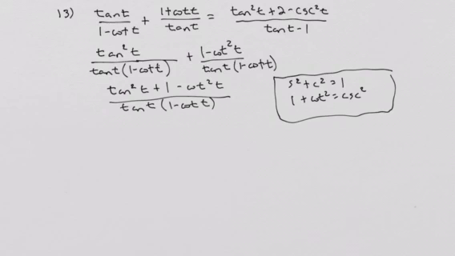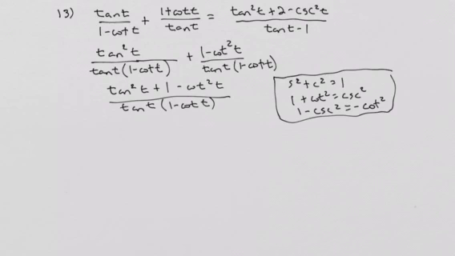Now, I think what I'm going to do is solve for cotangent squared. In fact, I'm really going to solve for negative cotangent squared. And if I do that, I'm going to get 1 minus cosecant squared equals negative cotangent squared. You can see what I did there.